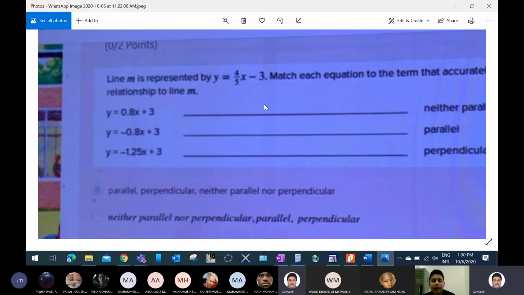Answer me, Muhammad. When we took about the lines and the shapes. Muhammad Hadi, you finished the course of algebra 1 or not? Not all. So you didn't take the linear equation?